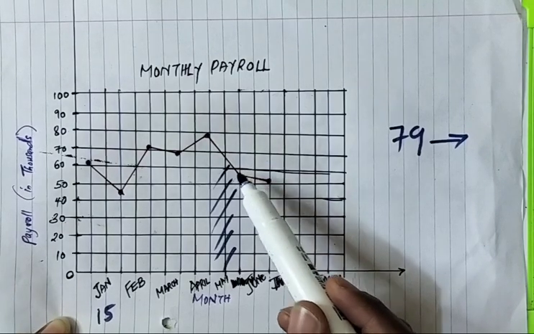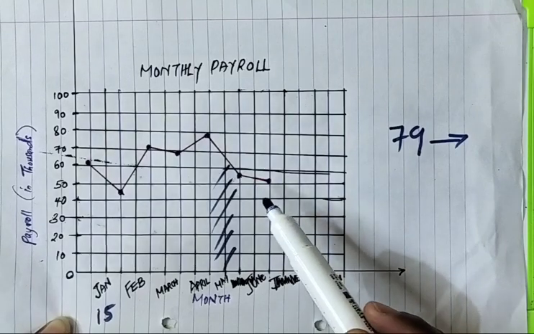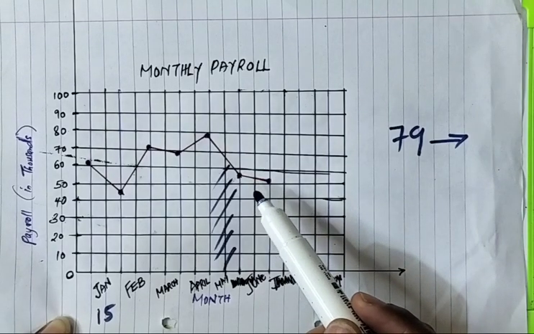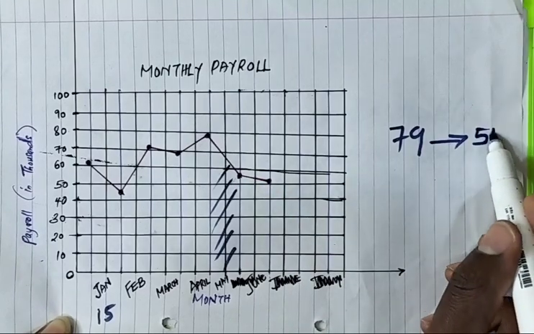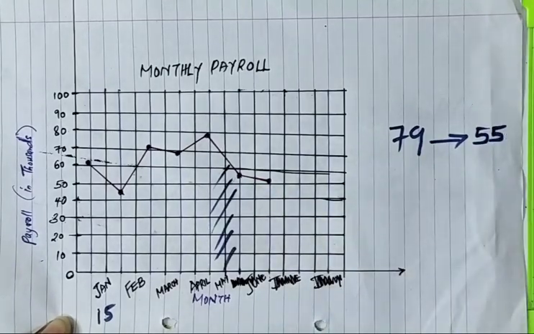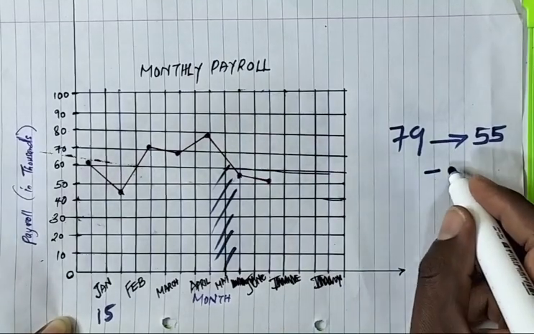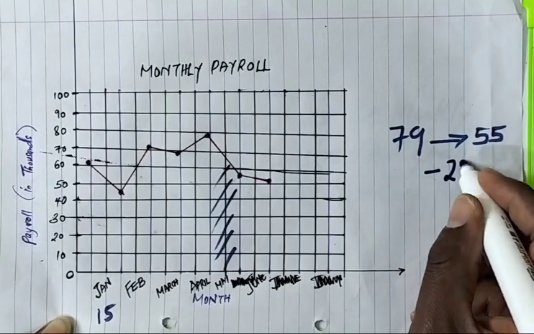I think that scale at that point can be 50 something, let's say between 55 and 57. The change is a negative change and is a drop. 79 minus 55, I'm putting a negative because it's a decrease of 24.